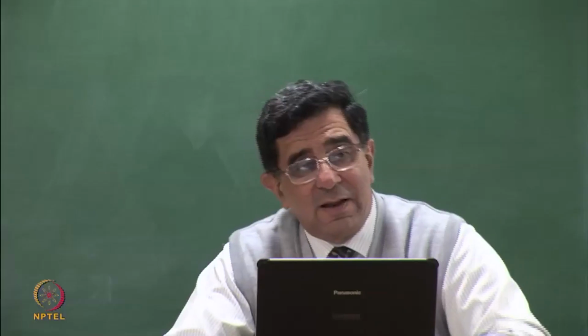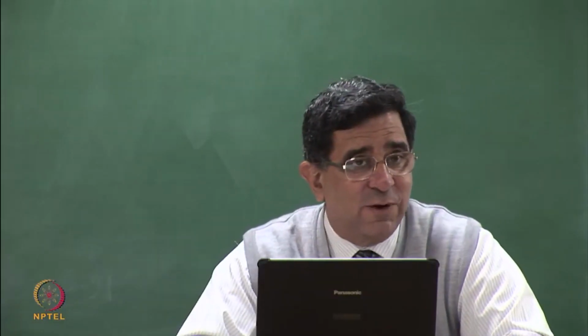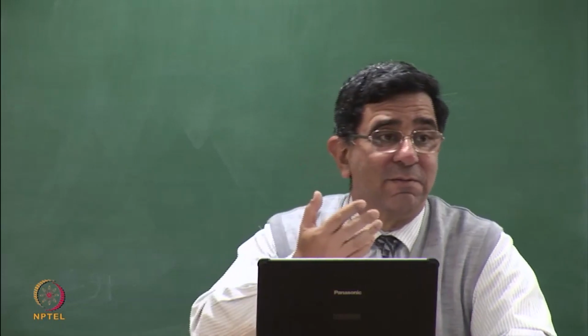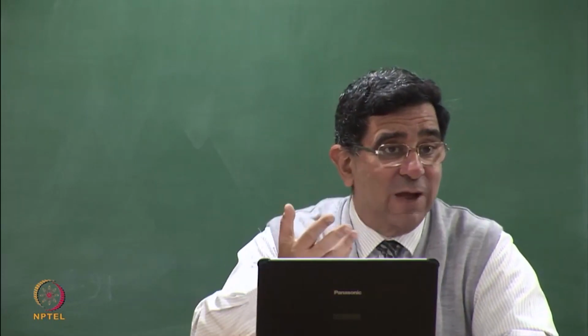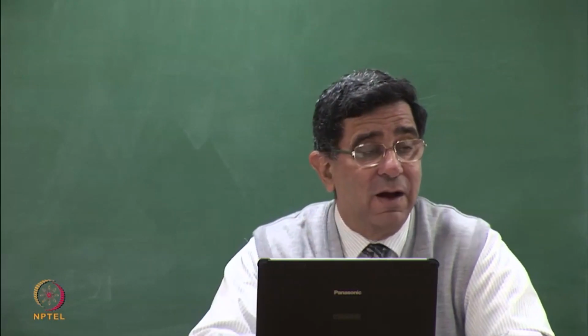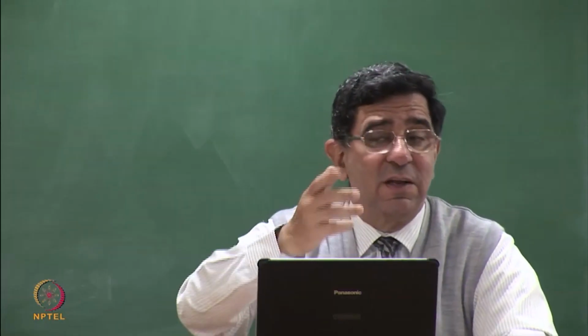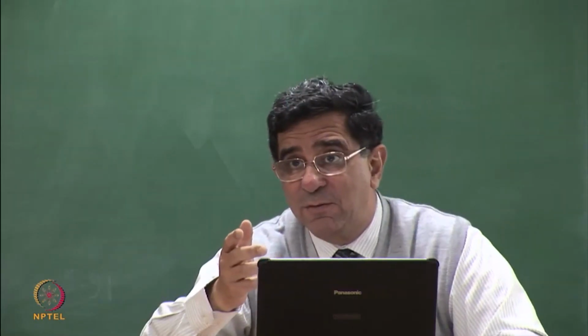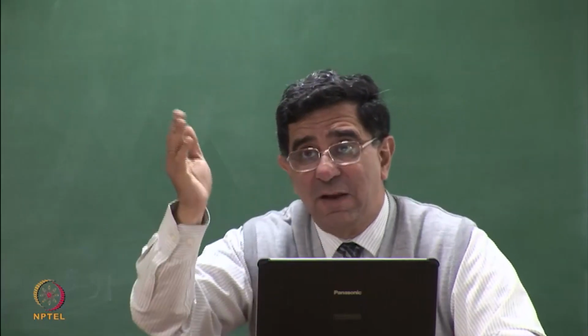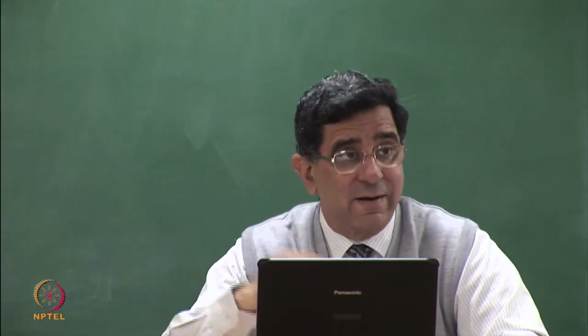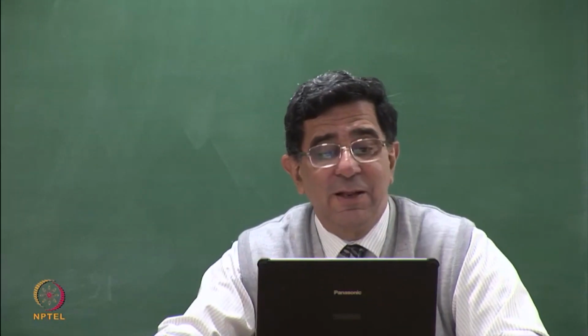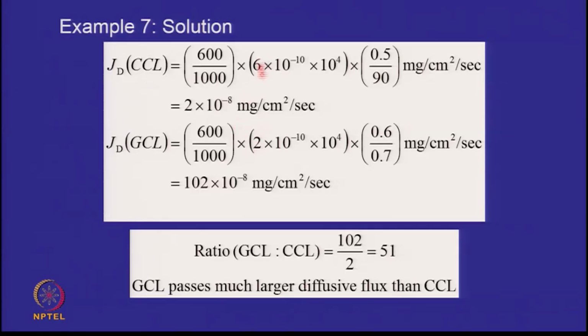In the case of advective flux, what happened? Your hydraulic gradient was high, but it was offset by an order of difference in permeability of 10 to the power of 2. That means one was 10 to the power of minus 7, the other was 10 to the power of minus 9, so 100. Here what happens? The order of difference between the two is not 100 but 3, whereas this is almost 120 times.